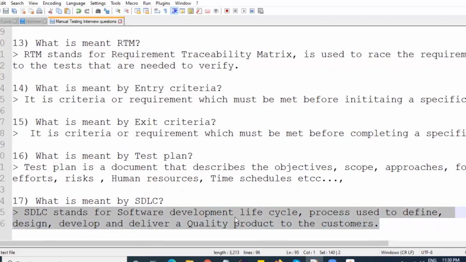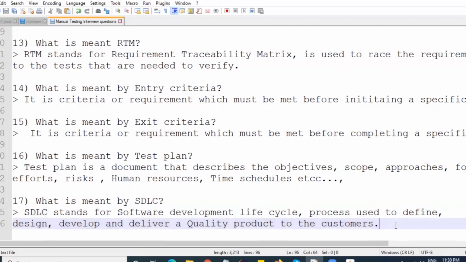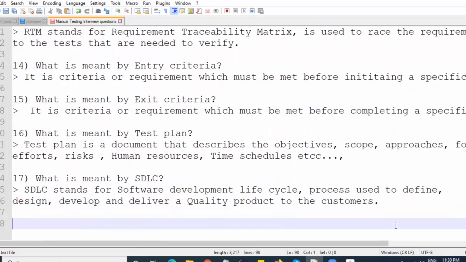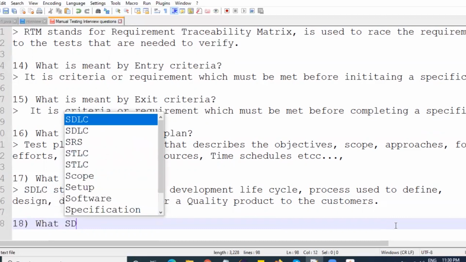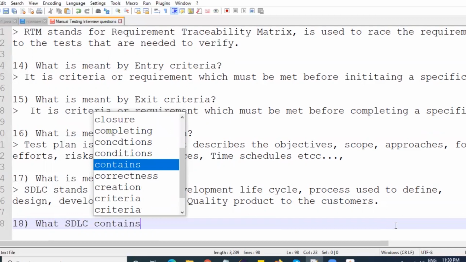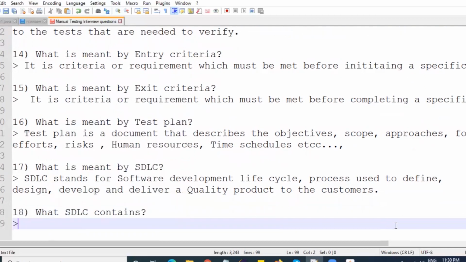Come to what SDLC contains. We know the contents in the test process, right? Test requirement, test planning, test case designing, environment setup, test execution, and test closure activities. Similarly, what does SDLC contain?